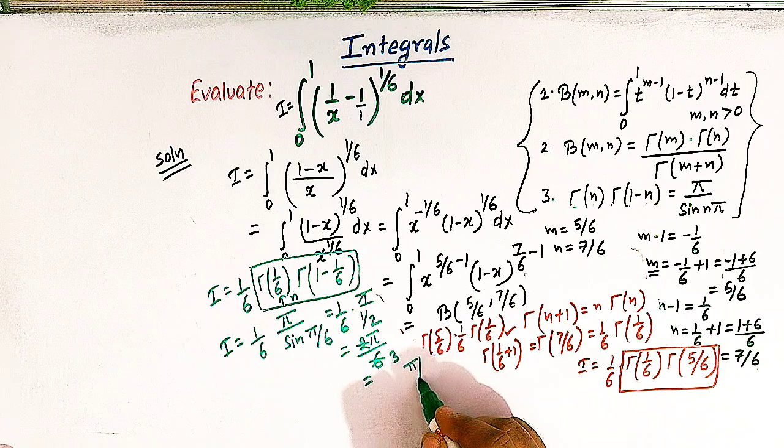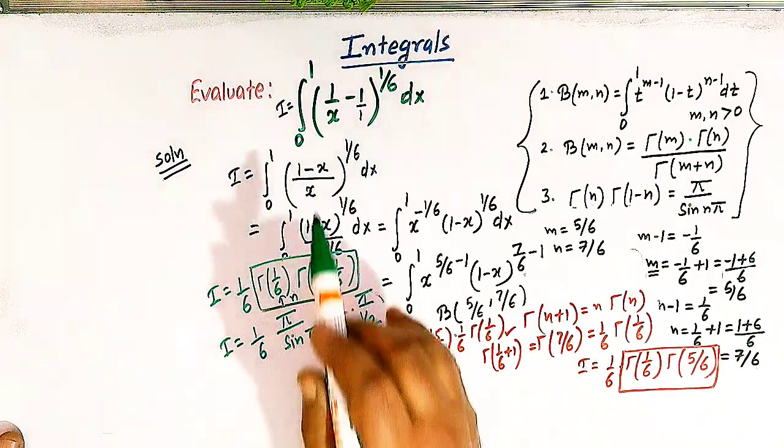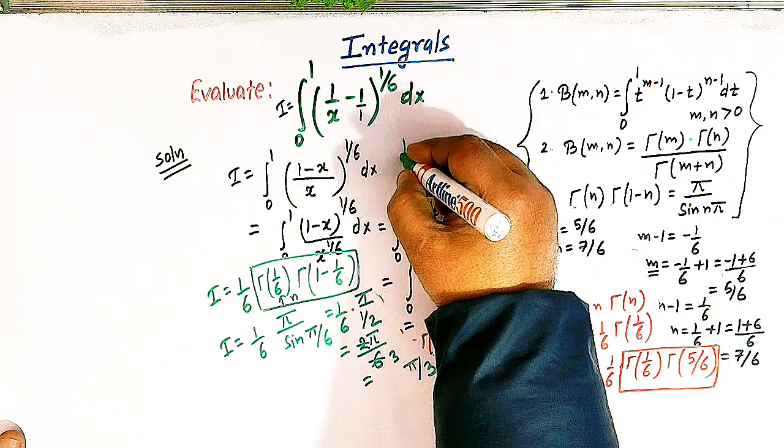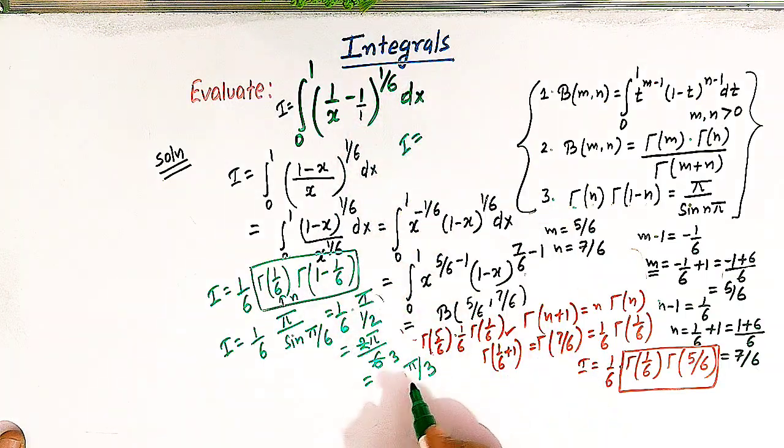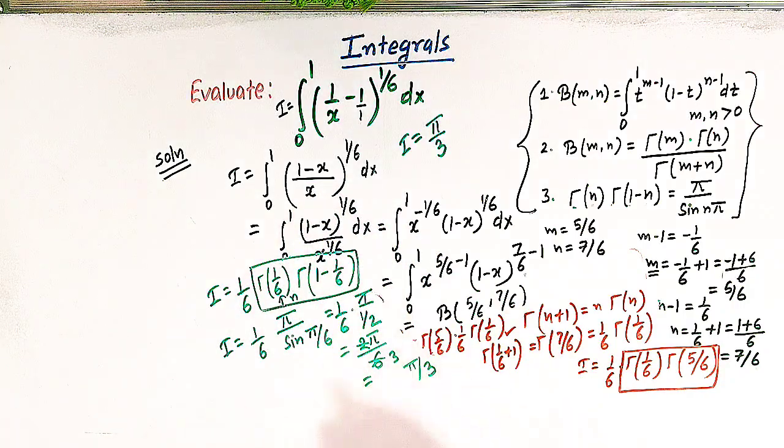So this is equal to pi over 3. So viewers, the value of this integral I is equal to pi over 3. This is how, by making use of the concept of beta and gamma functions, we can evaluate these kinds of integrals.